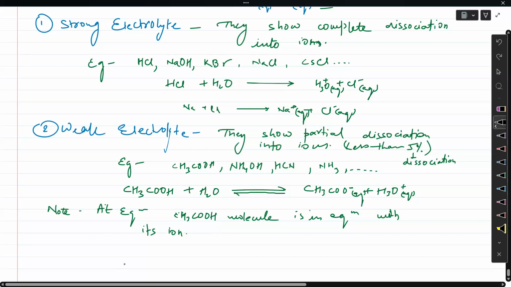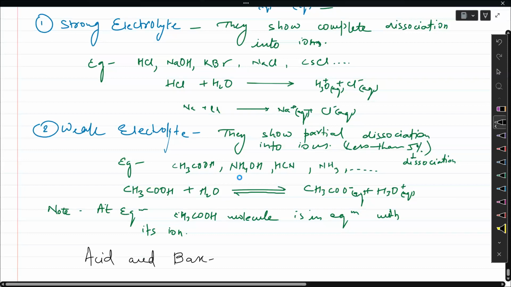After having this, we will study mostly acids, bases, and salts. So we will move to the next topic: acids and bases. We will study acids and bases via different rules and concepts.